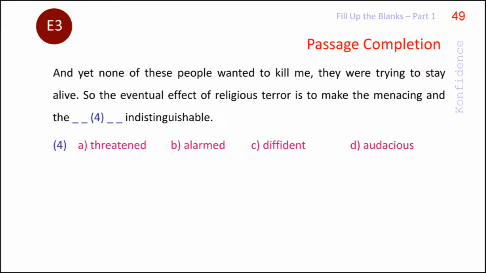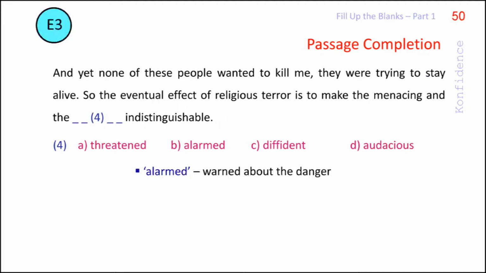The fourth sentence tells us that the author finds it very difficult to distinguish the suicide bomber from the ordinary people. Now let us see the options. Option B, alarmed, means warned about a danger. Option C, diffident, means not confident. And option D, audacious, means bold.